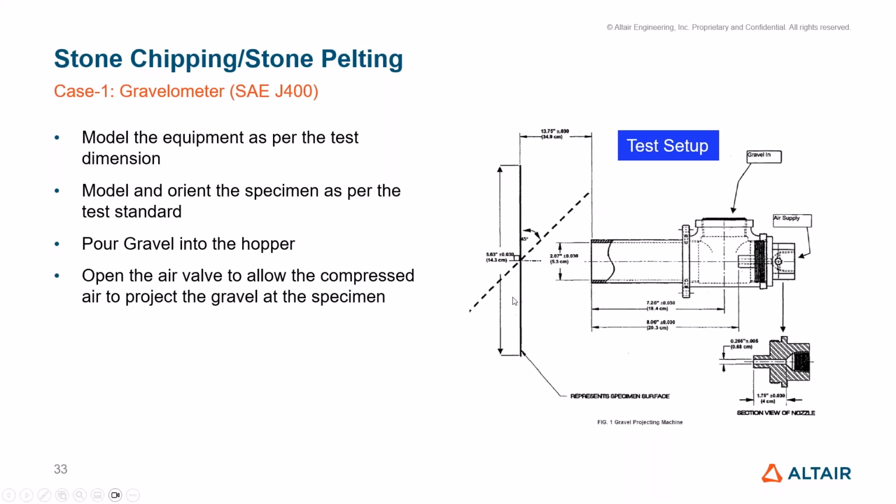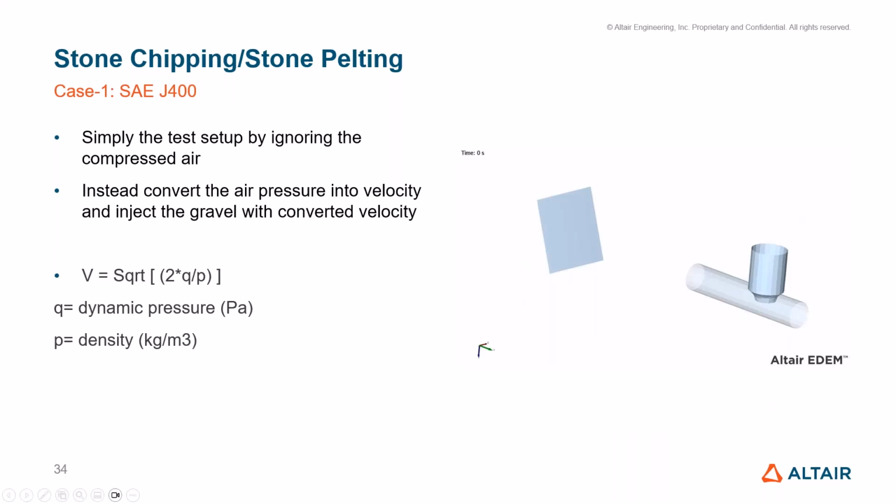So this is the test specimen construction. So the same will be used. We can still use EDEM alone to simplify the simulation approach, even though we can also include the compressed air, to avoid the complexity of simulation, or to reduce the simulation time.